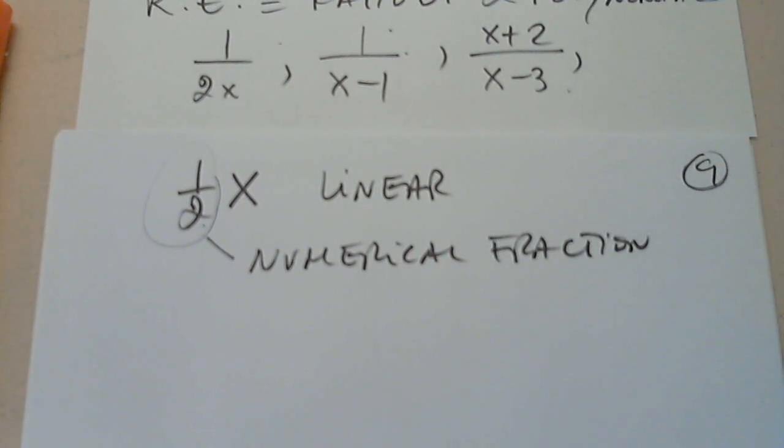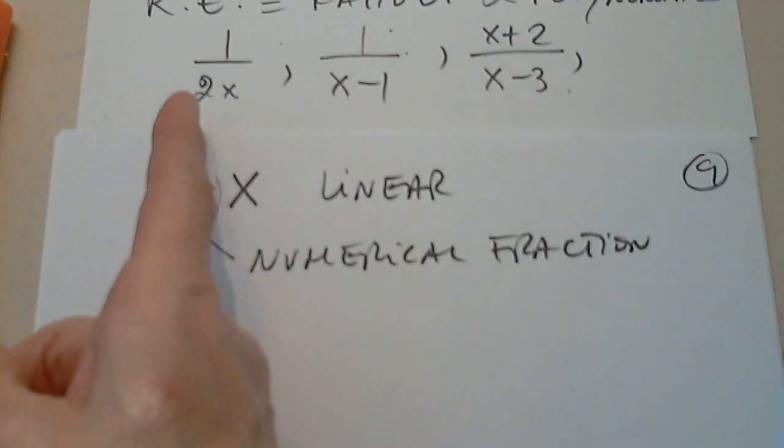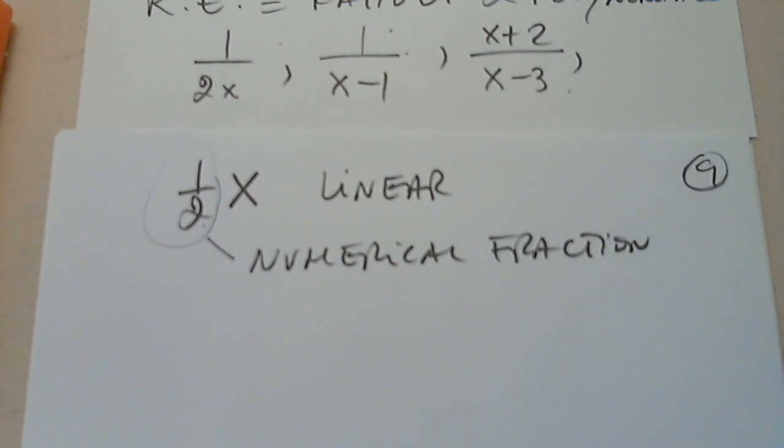So this is like a simple number times x. So if a ratio does not have x in the denominator, that is not considered a rational expression. Is this okay? Any questions so far?